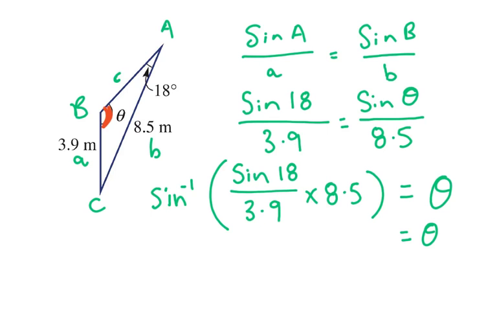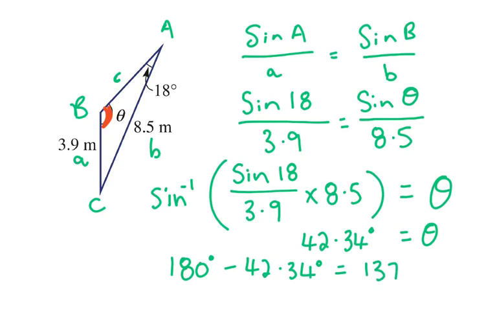So the answer for this theta would be 42.34 degrees. Now in order to find the obtuse angle for this, one extra step, 180 degrees, subtract 42.34 degrees, and therefore my obtuse angle for this would be 137.66 degrees. And that is your final answer.